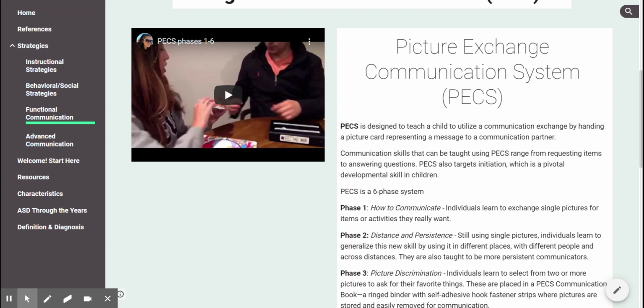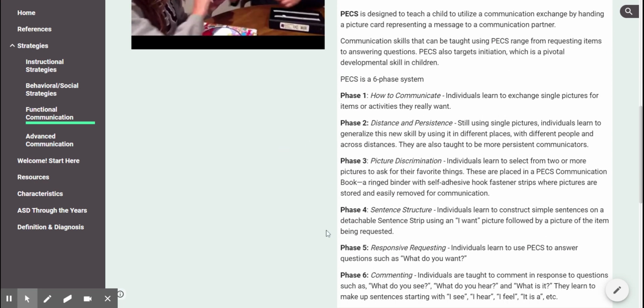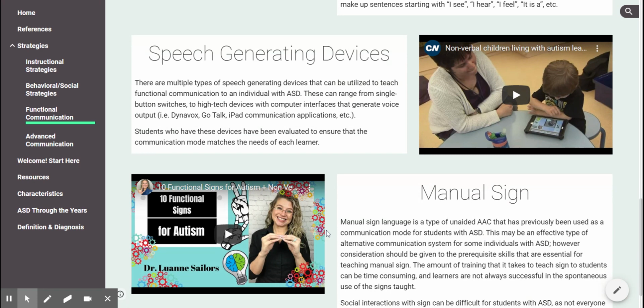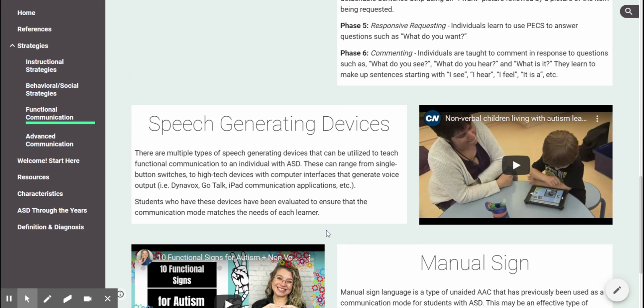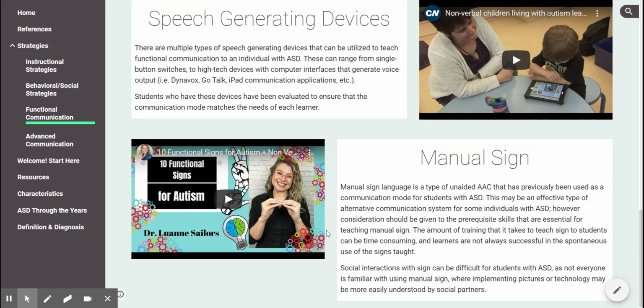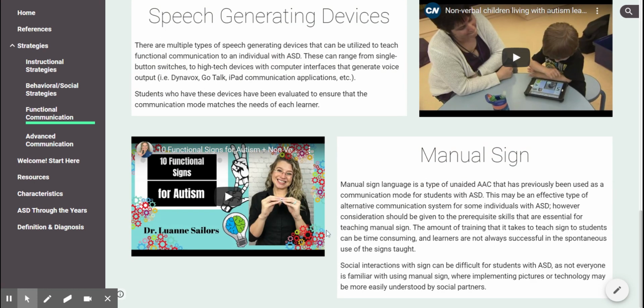So even for those students who are verbal, having the picture card there to give the expectation often helps them as well. There's 6 phases in PECS, and they're listed here. Some students might use speech generating devices or technology to aid in their communication, and some students might use some signs to communicate. There's more information in this area for you to read.